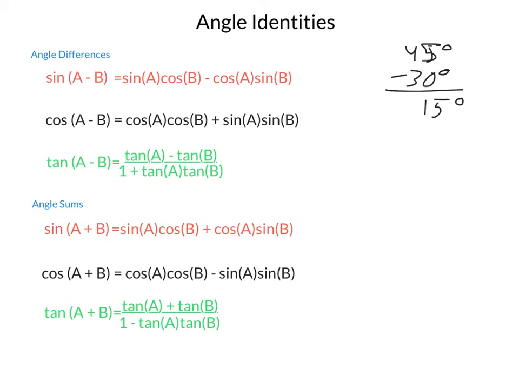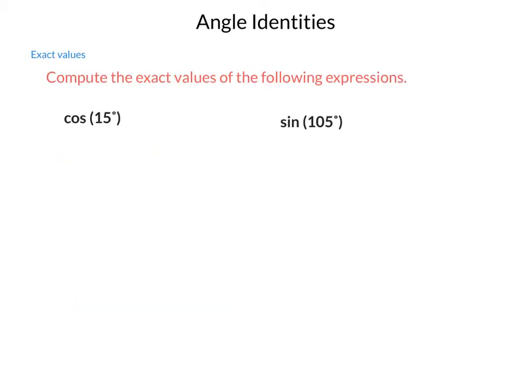Okay, so how can we apply some of these identities to find new values or to verify other things? Well, we're going to compute the exact values of these following expressions. So first up is the cosine of 15 degrees. So I'm going to pull up what I know.